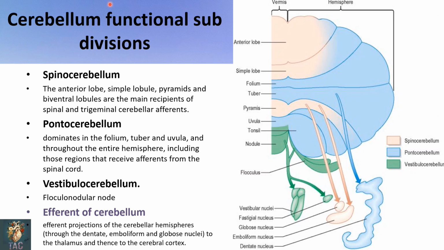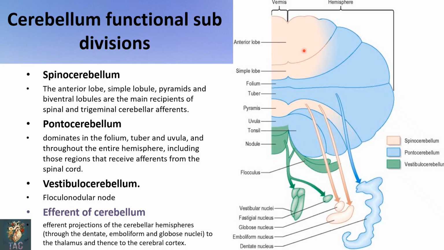Now the functional subdivision of the cerebellum. Functionally, the cerebellum is subdivided into three main parts. The one is the spinocerebellum, the other is the pontocerebellum, and the next is the flocculonodular lobe.